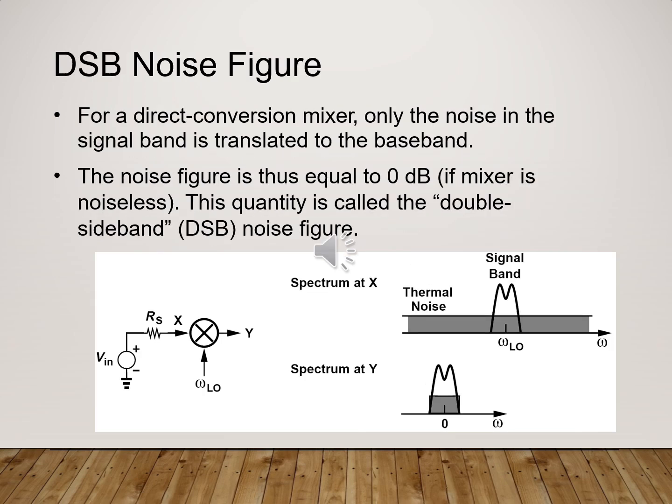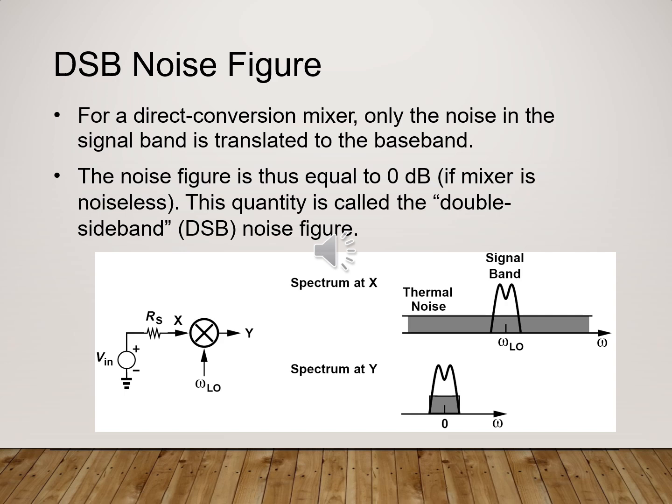With double sideband noise figure, we include both signal and noise inputs from both sidebands, appropriate for direct conversion architectures usually. For a direct conversion mixer, only the noise in the signal band is translated to the baseband. The double sideband noise figure could be equal to 0 dB if the mixer is noiseless.